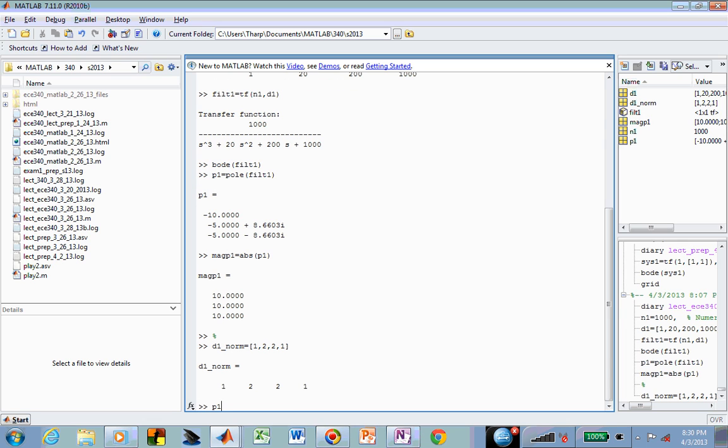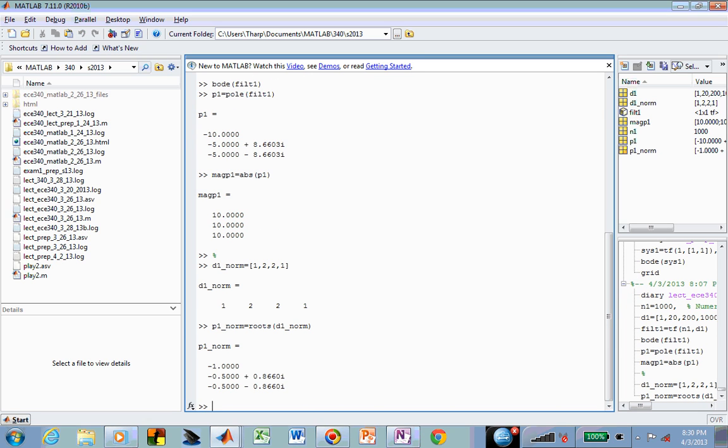We could ask where the poles of that polynomial are, and say, give me the roots of d1 normalized, where roots finds the roots of a given polynomial. Now those are the pole locations that we would have expected.